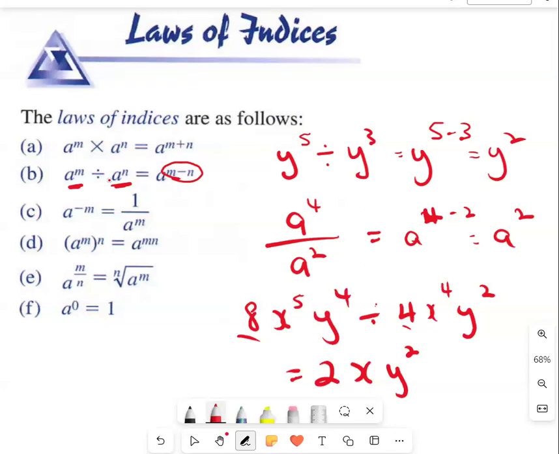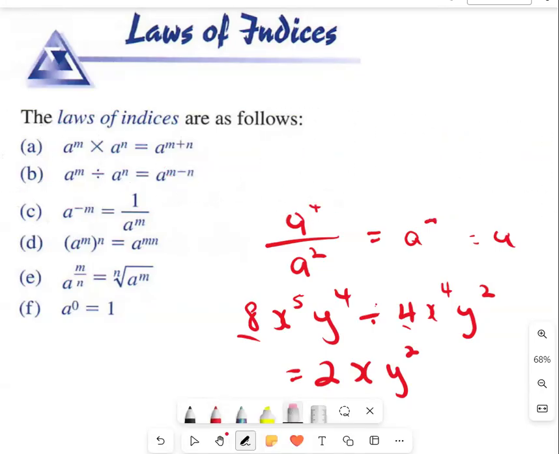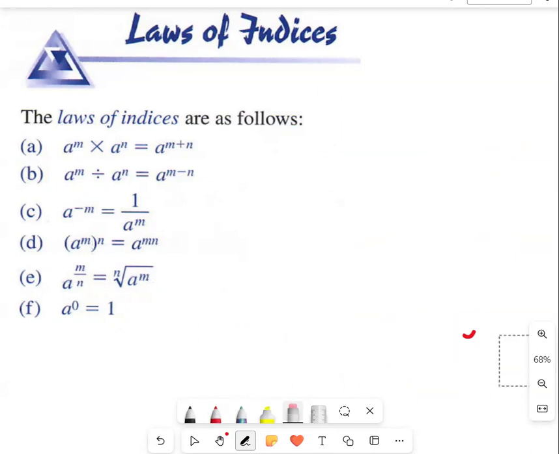If you want to do it in pieces, you can write out the 8 divided by 4, then do the subtraction of the indices. No problem if you want to do it in more steps. The examples are clear? Yes, sir. Not very difficult, but these are very useful laws in algebra.